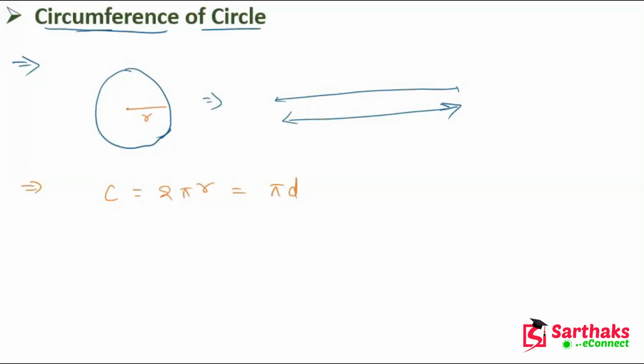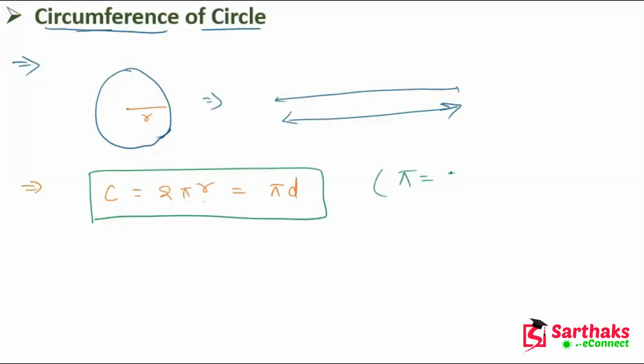This is the formula of circumference. I hope, my dear friends, you understand these things. Okay, so if we know the radius and here the value of pi is always equals to 3.14 or 22 upon 7. So this is the value of pi.